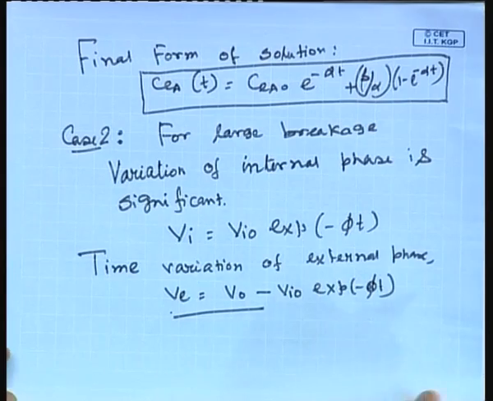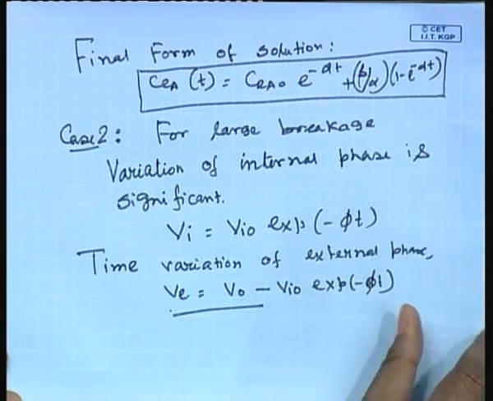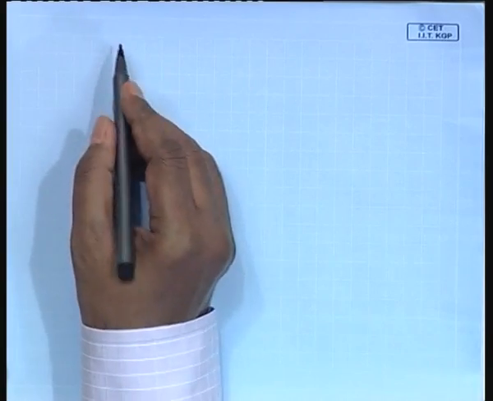Now, once you get this, you can do an overall material balance and obtain the expression of concentration of B in the internal phase.